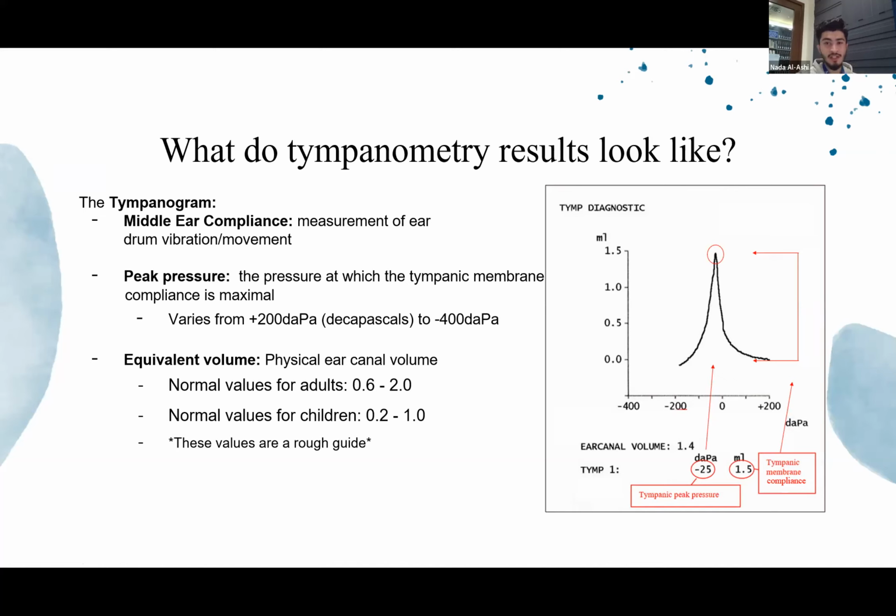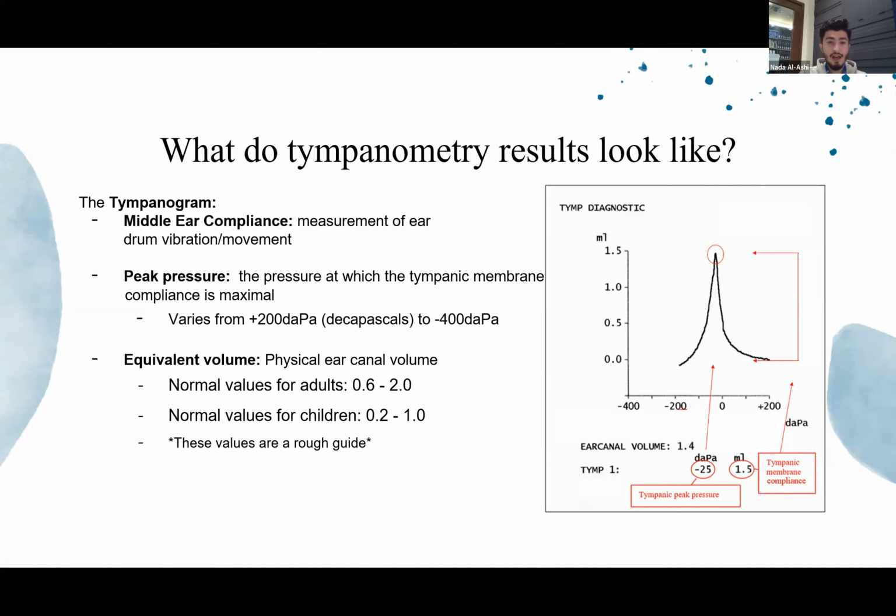There's a few values here that I'll go through. The first thing the tympanogram will show us is the middle ear compliance. The middle ear compliance is basically a measurement of eardrum vibration or eardrum movement, which I have circled up here. In this example, it's 1.5.